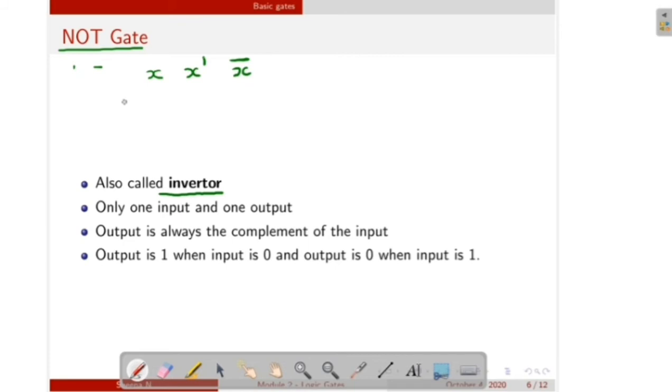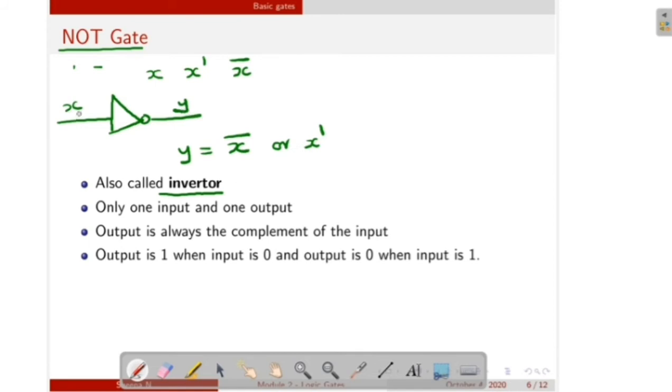This inverter has only 1 input and 1 output, and it is represented by the logical symbol like this. Only 1 input X and 1 output Y. And here the logical expression is Y is equal to X bar or Y is equal to X complement. If X is equal to 0, then Y is equal to 1. It inverts the input.